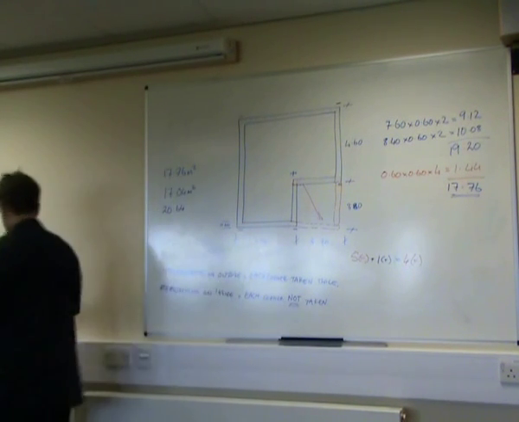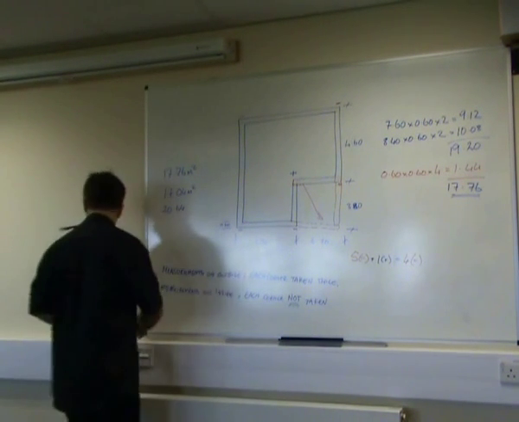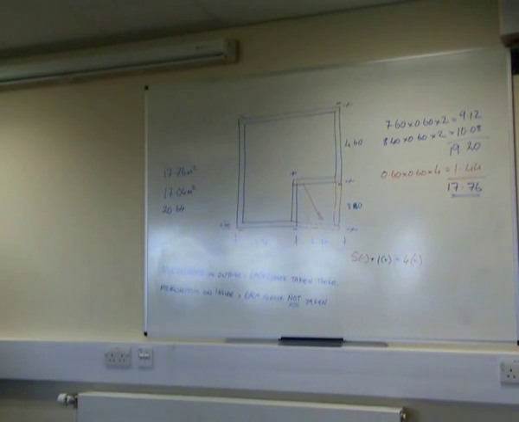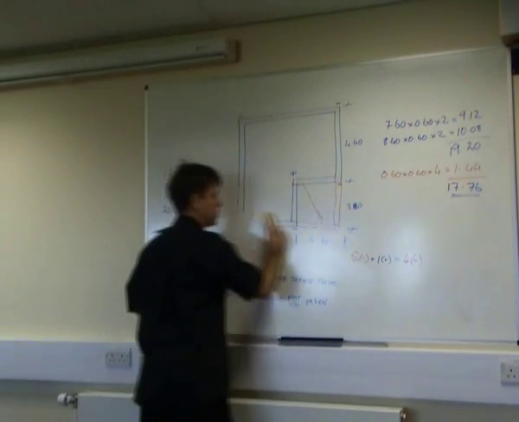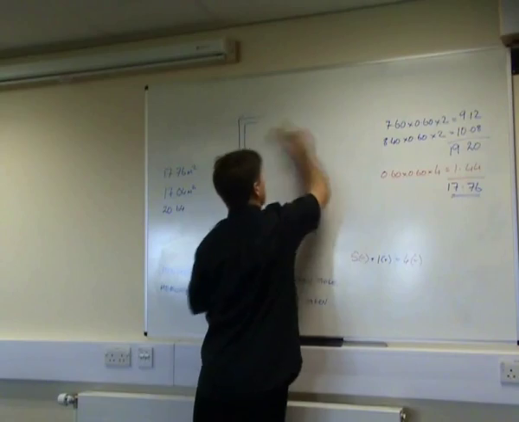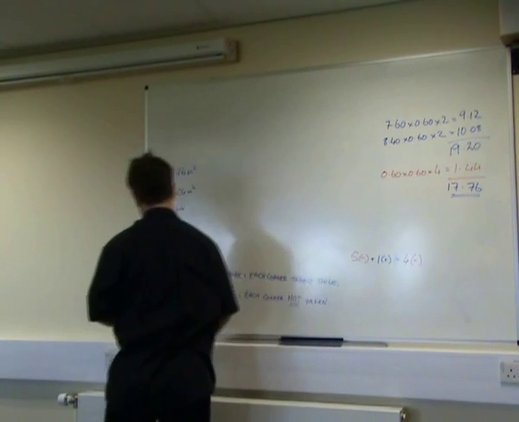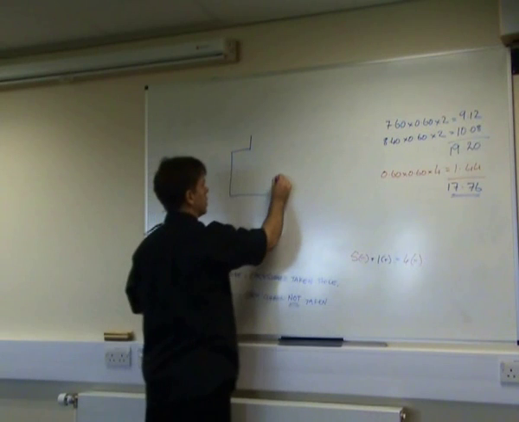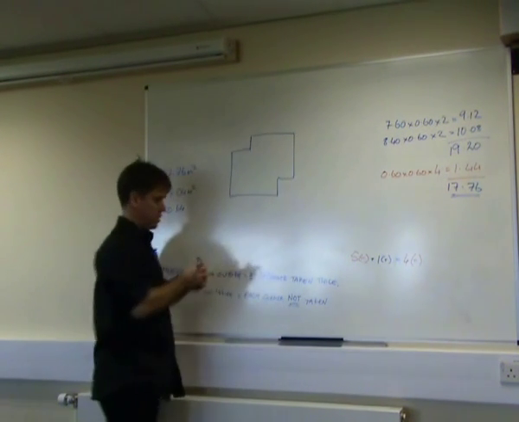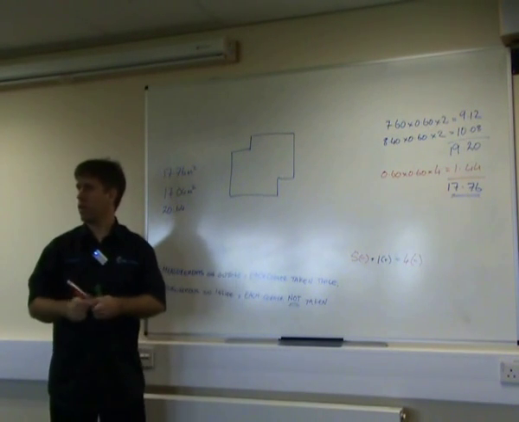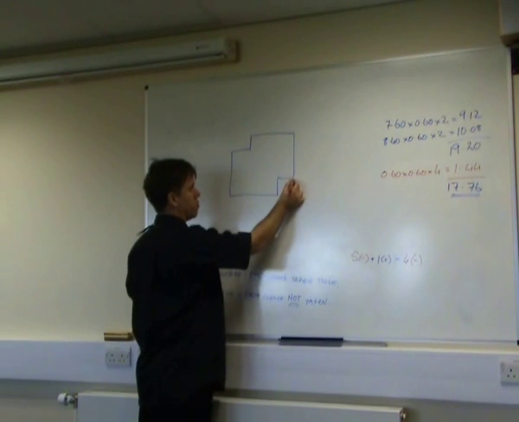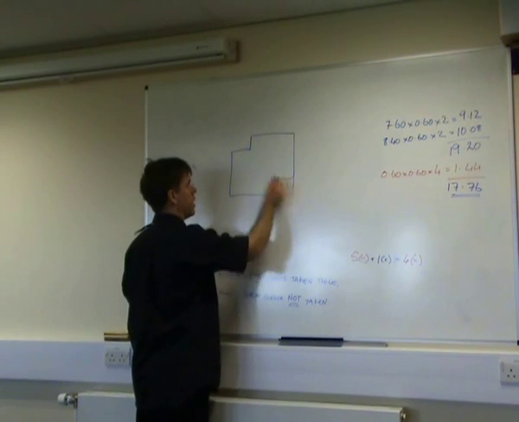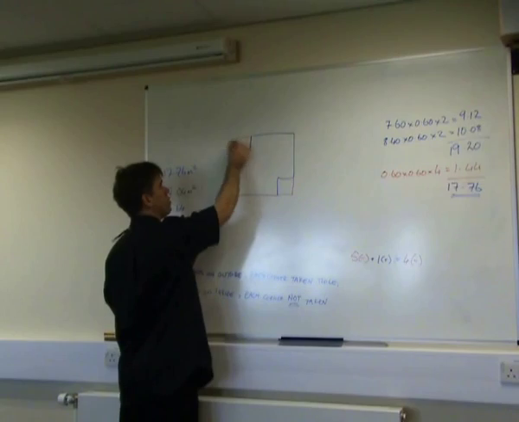If I was to draw a slightly more complicated building like that, I can pick up that bit of foundation from there and put it in here, pick that from there and put it in there, that from there and put it in there, and that from there and put it in there.